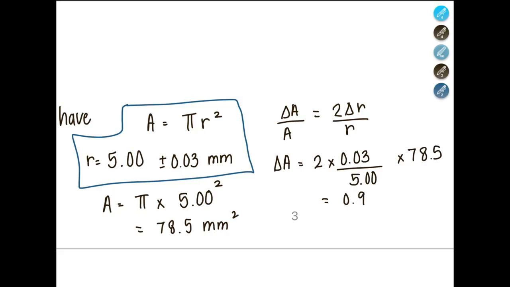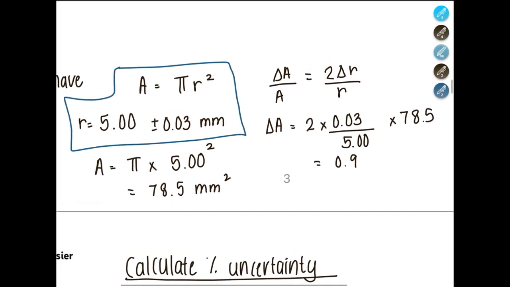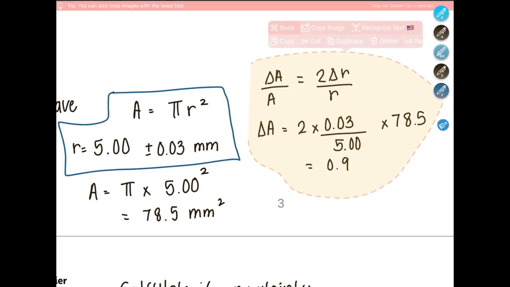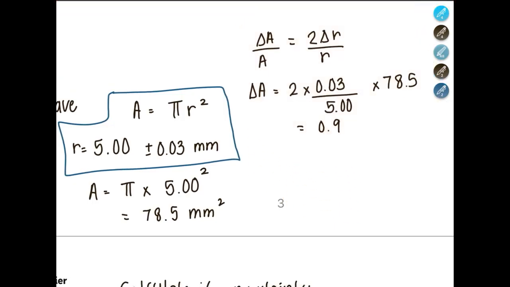So your area here is going to be 78.5. So area equals 78.5 plus or minus 0.9 millimeter squared.